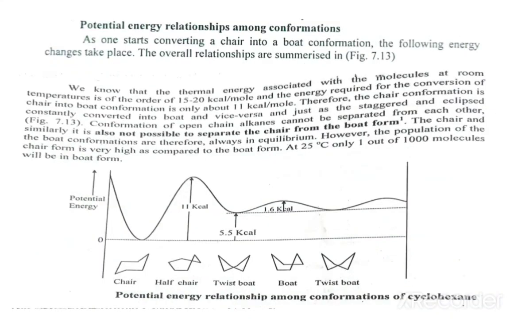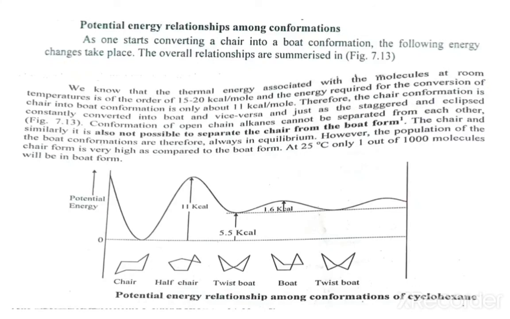Now the next topic, the potential energy relationship among the conformations. That means as one starts converting the chair into the boat conformation, the following energy changes take place. Overall the relationships are summarized in the chart shown below.